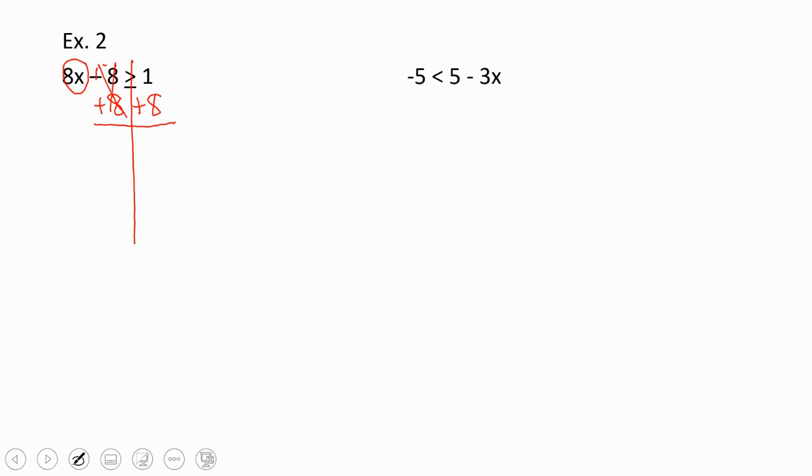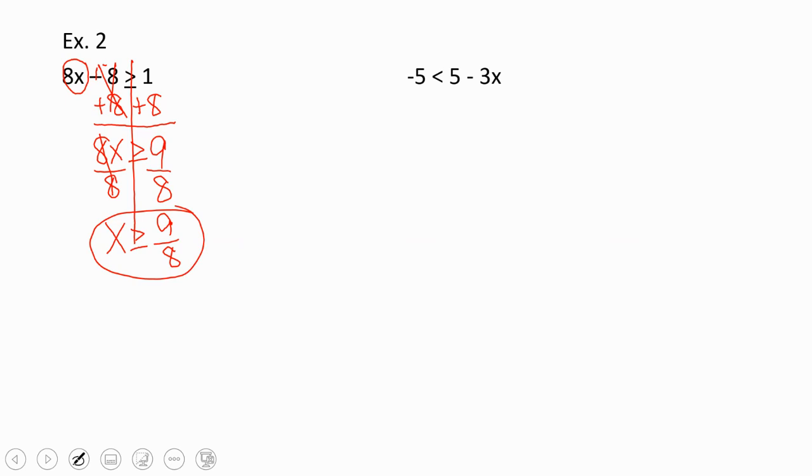That goes to 0. So you have 8x, and then on this side you get 9, and it's greater than or equal to. Our last step is to get x by itself, so we're going to divide both sides by 8. That goes to 1. We're dividing by 8, so leave that as 9 over 8. We're dividing by a positive, so our sign stays the same.